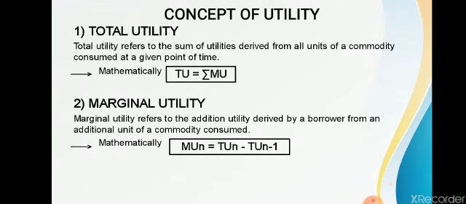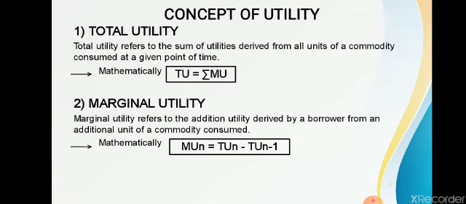Mathematically, it can be expressed as TU, that is, total utility is equal to sigma MU. Here TU denotes the total utility and MU indicates the marginal utility. Now let us come to the second part, that is the marginal utility.